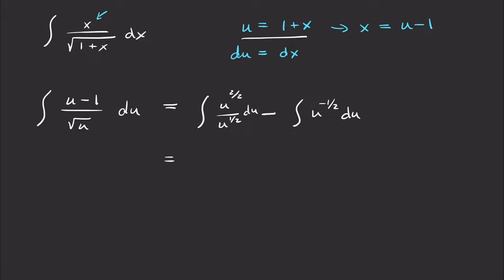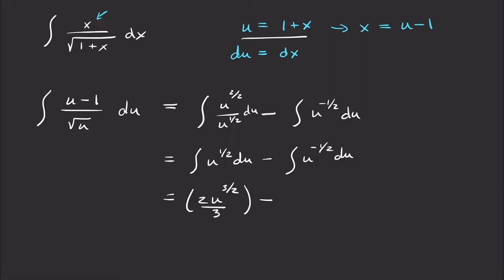And so now when you have exponents in a fraction, you subtract. So 2/2 over 1/2, if we subtract those, that's just the integral of u to the 1/2 minus the integral of u to the minus 1/2. Okay, so if we do this, then this just becomes u to the 3/2, and then multiply by 2/3, minus, we're going to increase this one as well, and this is going to go from minus 1/2 to plus 1/2, and then dividing by 1/2, that's the same as multiplying by 2, plus c.